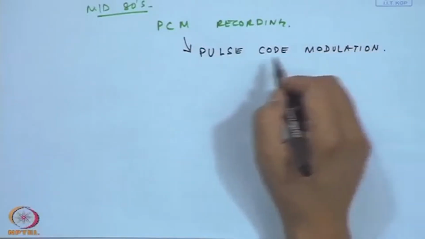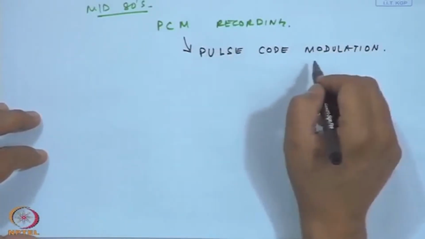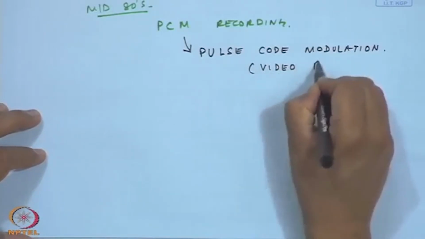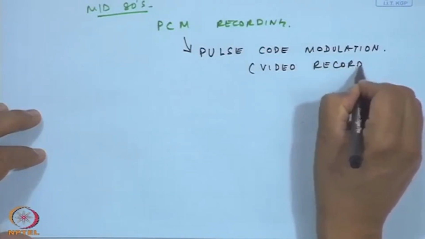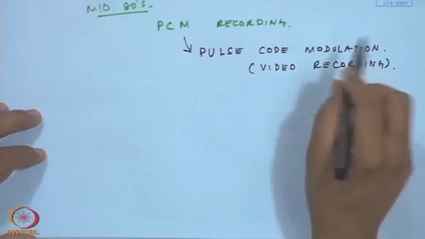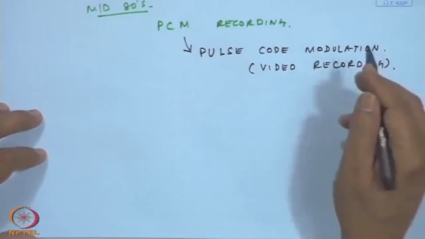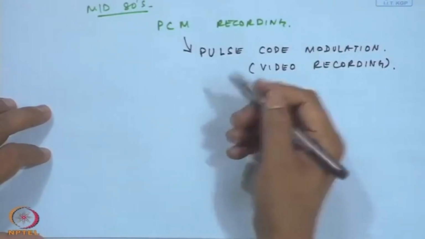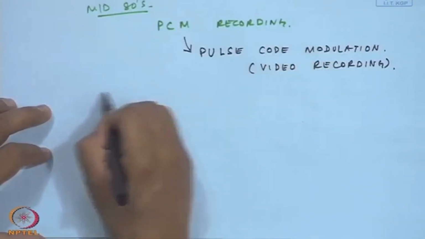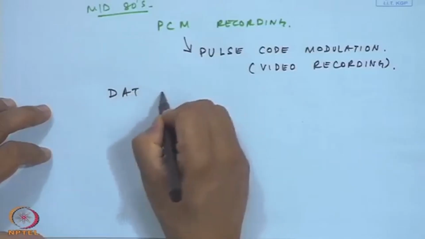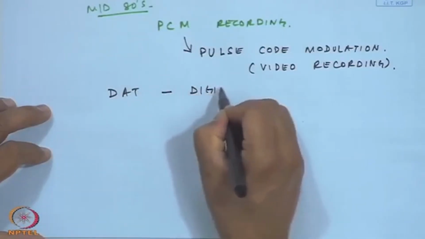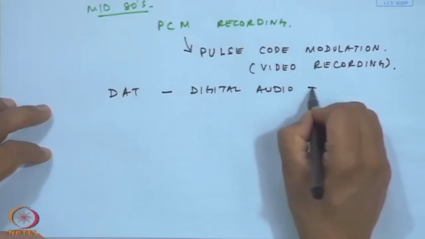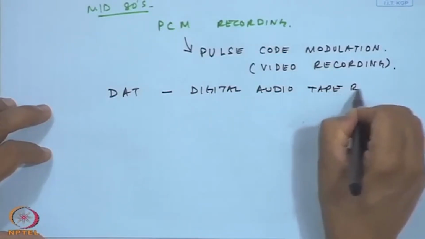Which was essentially a high frequency recording used in video recording. People used the same pulse code modulation technique, which was used in video recording, for recording audio signals, and people then used them in DAT recorders, or digital audio tape recorders.